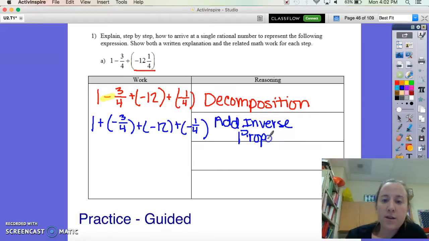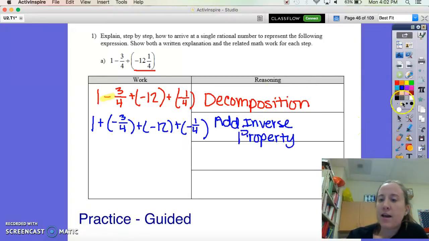We are going to give you this kind of organizer for a lot of these multi-step problems, so that if this is helpful to you to sort of process out not only what you can do, but why you can do it, you'll have that as a resource. The next thing I should see is I have this negative 3/4 and negative 1/4, and I have all addition.